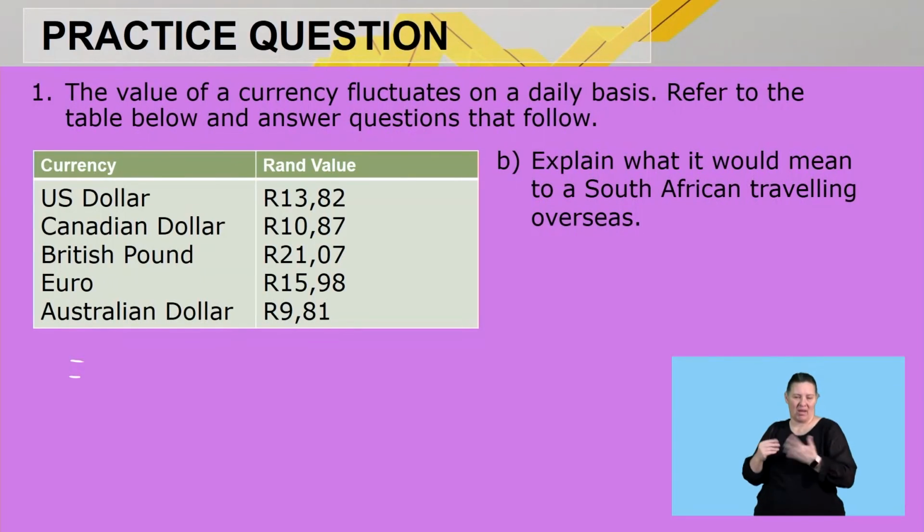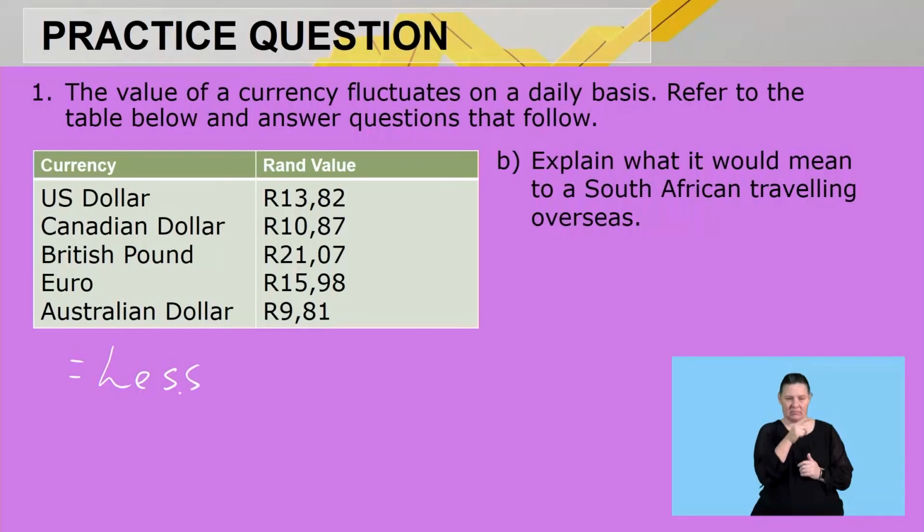You will have less buying power. If you are working there, you will have less salary. Even groceries and services in that country will be expensive because they have lost their value in terms of currency. So any relevant answer, you can still put it down.